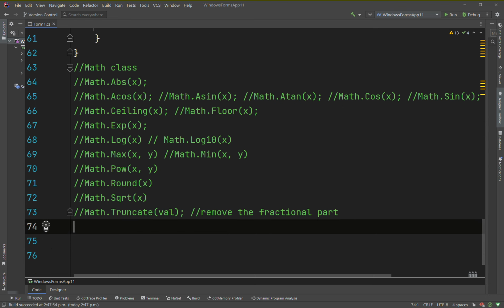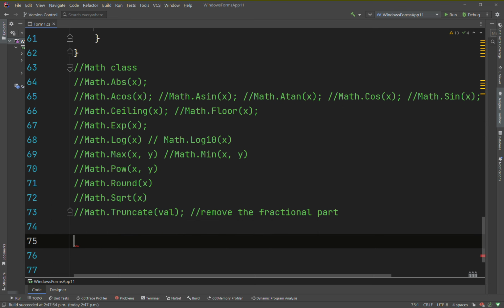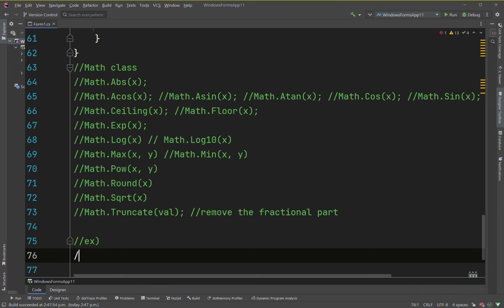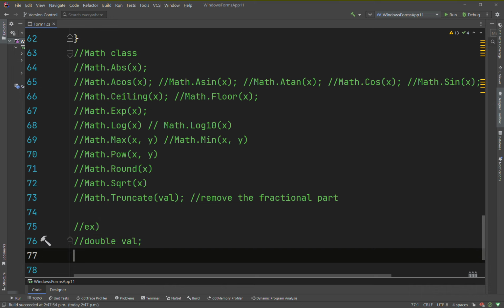If we have double val again, and say val points to Math dot, which we're going to need a number here. Actually, we'll have Math dot pow, actually no, Math dot sqrt, we'll pass in 4.0. I think you need a double and want to take the square of 2.